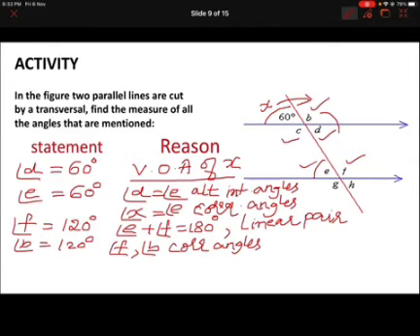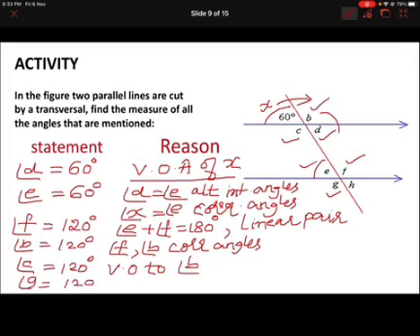Okay. Now let's go to C. C is again 120 degrees. I can write vertically opposite to angle B. Am I right? Now let's go to angle G. Angle G is equal to 120 degrees. I can give any reason now.